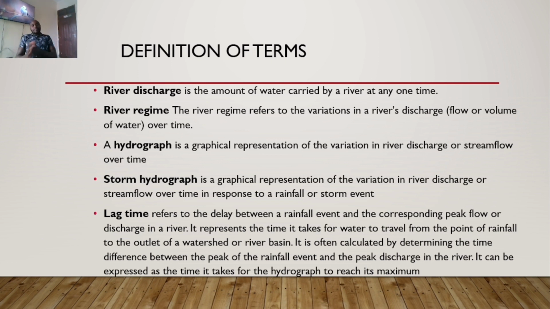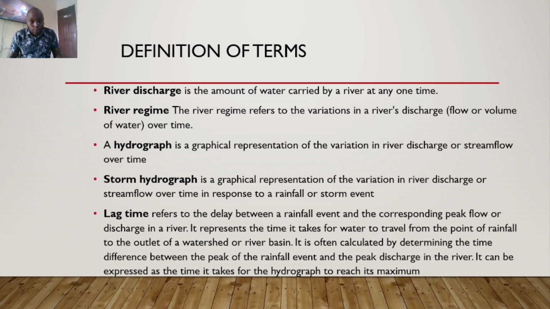What is it? The lag time, what is it? We get to know about lag time when you're talking about a storm event or a rainfall event. For example, rainfall has fallen, and then we've had the peak discharge in a river.